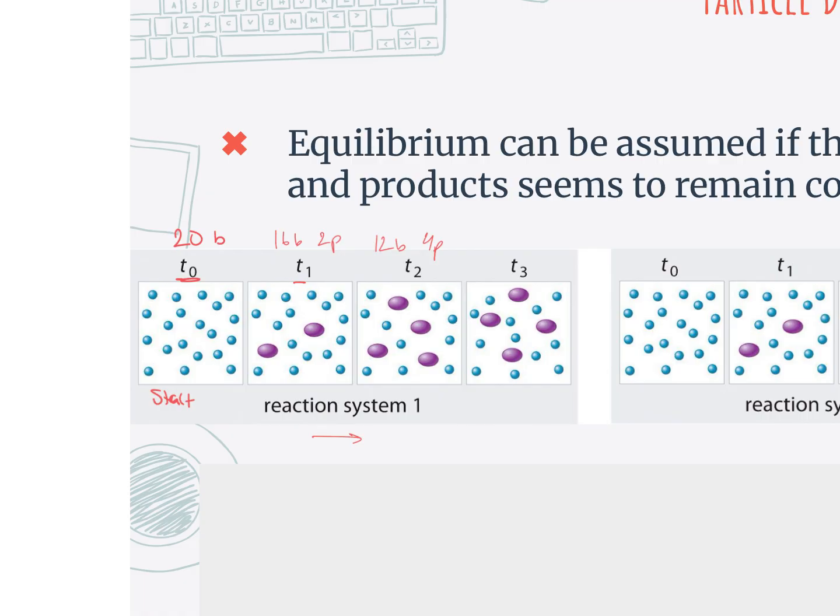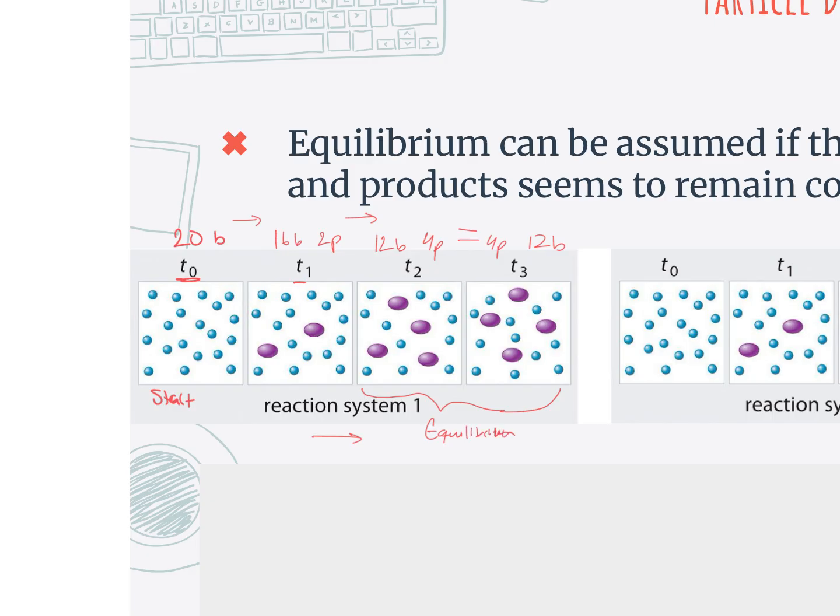At T3, if we count them, we can see we have, again, 4 purple particles and 12 blue particles. What we see is that the forward reaction's increasing here, increasing there, but at this point, our reactions are equal. And so when we are in T2 or T3, these reactions are in equilibrium.